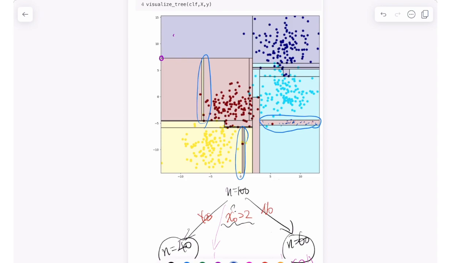Because in the training data you have only one data point in this sub area, you mark it as red, right? But in the future, if there are some blue data points right here, all those blue data points will be misclassified. That is because you create a very specific area for this specific red dot. And again, there's a yellow dot right here, and a brown dot right here. So that means you divide the space too much.